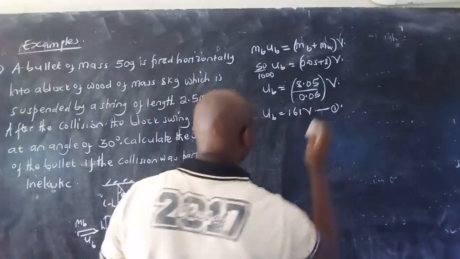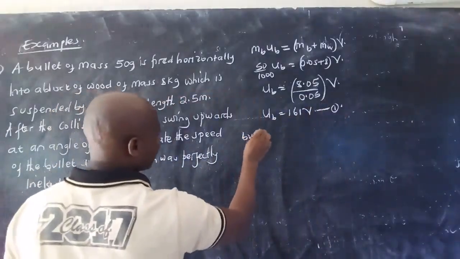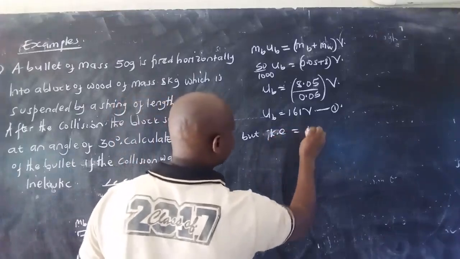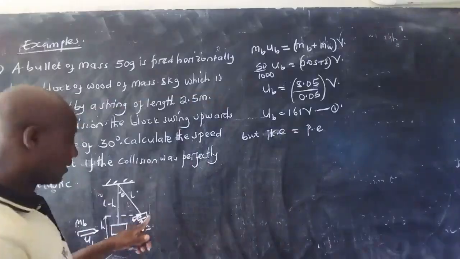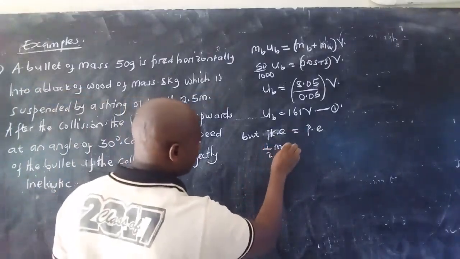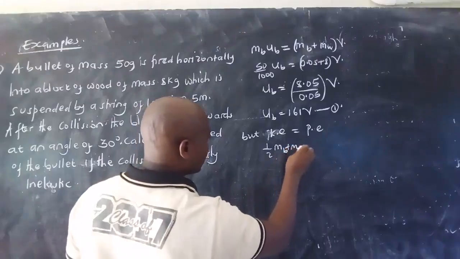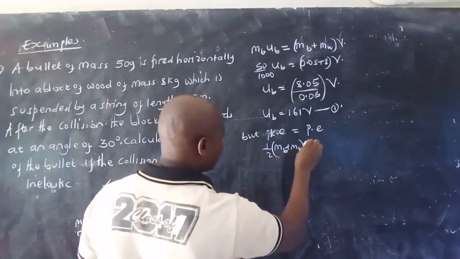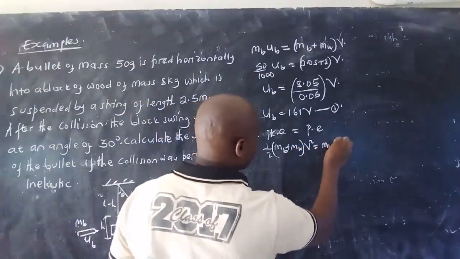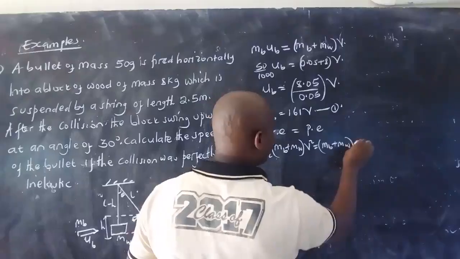Equation 1. But kinetic energy is converted to potential energy here. So we shall now say that the mass of the bullet plus the mass of the wood, times v squared, is equal to mgh: mass of the bullet plus mass of the wood times g h.